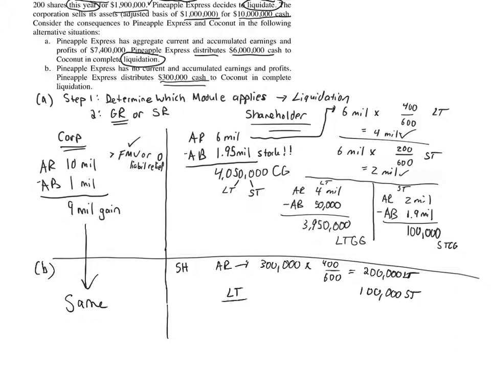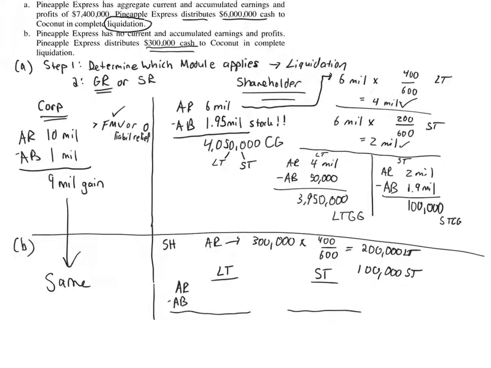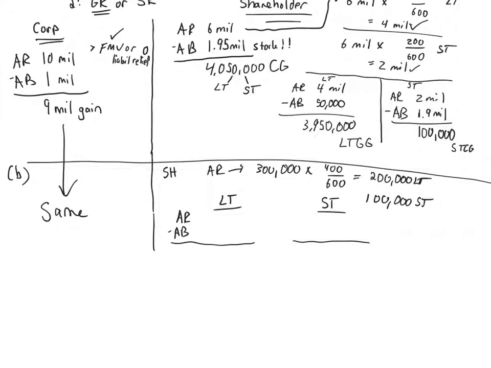So we've got the long-term portion and we've got the short-term portion. Amount realized minus adjusted basis. So amount realized, we just calculated $200,000 for long term, $100,000 for short term.